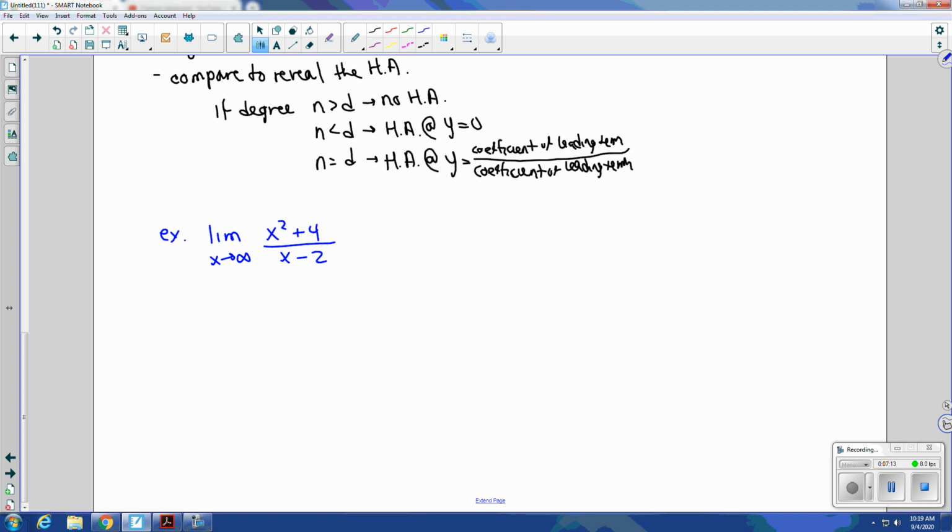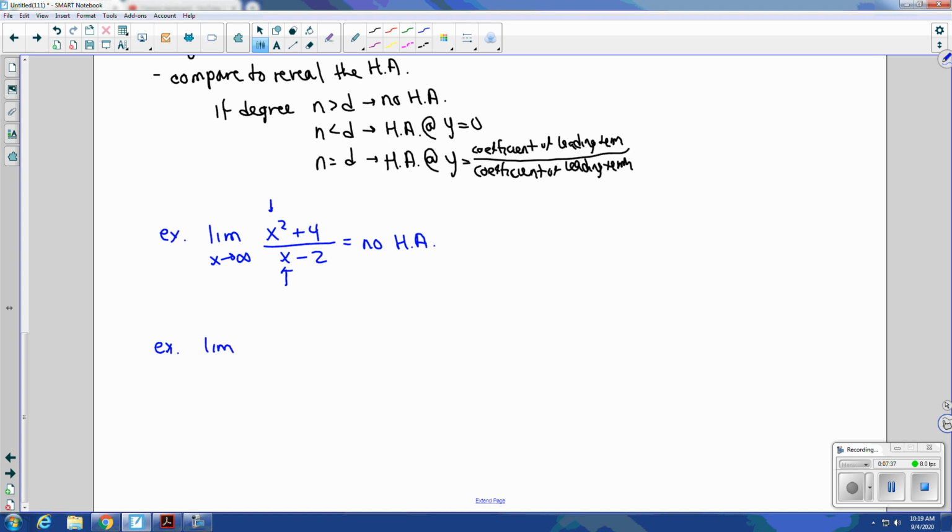We identify the leading term in the numerator is x squared, in the denominator it's x. The numerator has a higher degree than the denominator. Therefore, we don't have a horizontal asymptote. What the value of that limit is, we'll look at in a second when we discuss indeterminate forms.